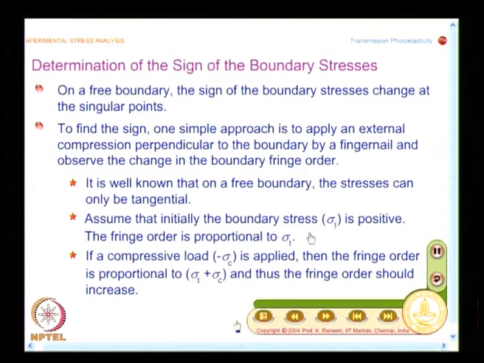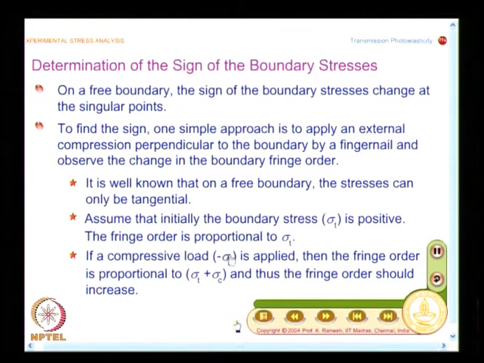We do not know what is the sign of the boundary stress, but we take up a simple situation where the boundary stress is positive to start with, and whatever fringe order you see in the circular polariscope is proportional to sigma t, because in the perpendicular direction the stress is 0 because it is a free surface. So, whatever the fringe order is, it is proportional to sigma t.